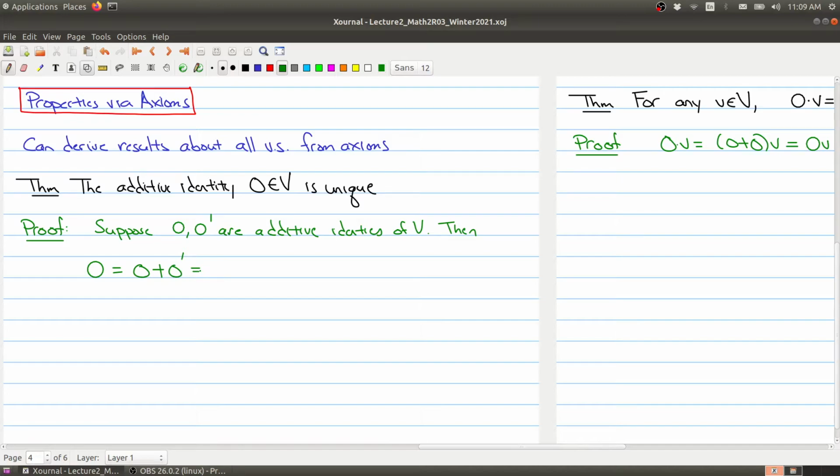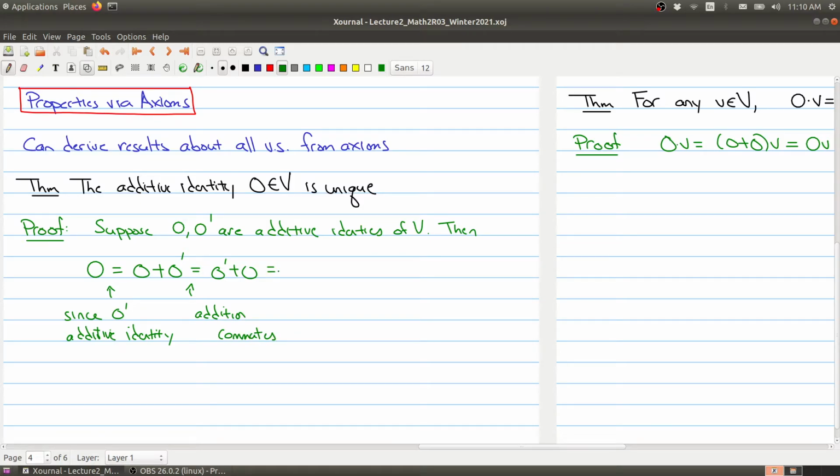But on the other hand, we have that addition commutes. Here, maybe I'll write out the various pieces. This identity follows from the fact that 0 prime is an additive identity. This equality just follows from the fact that addition commutes.